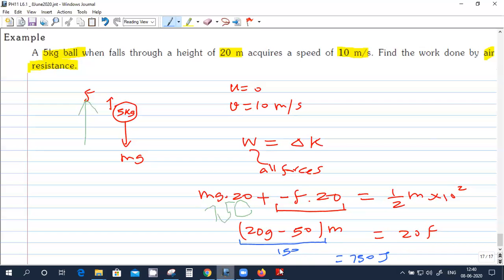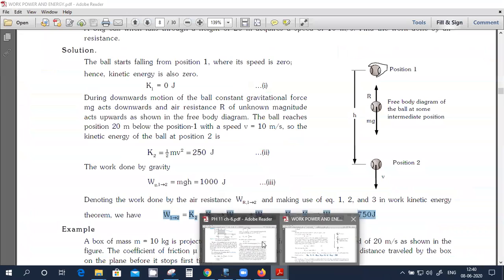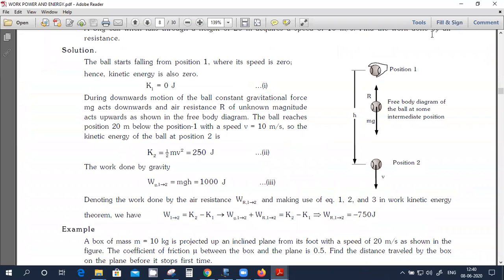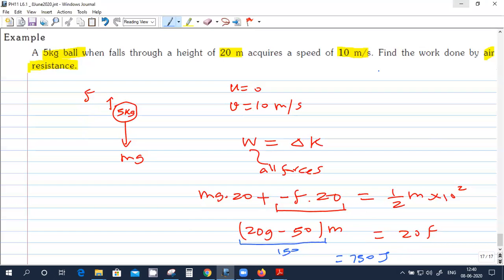Okay, sir, understood. Right. So work done is negative in the sense that the direction of the friction force and the displacement are opposite. Negative work means it is taking out some energy from the body. If a force does work on the body, then it is supplying energy to the body.